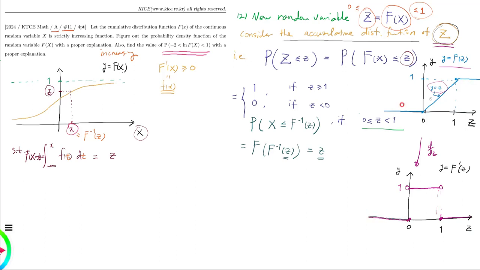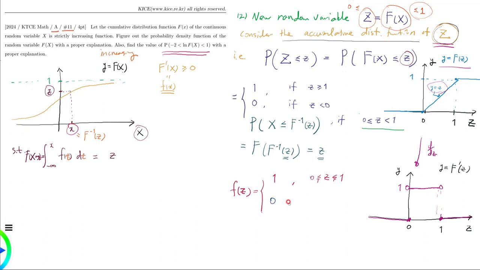So the probability density function with respect to variable z will be 1 when z takes value between 0 and 1. Let me remove its ending point. For the continuous variable case, removing one point or adding one point more does not matter.